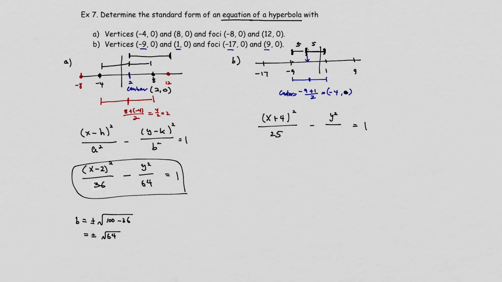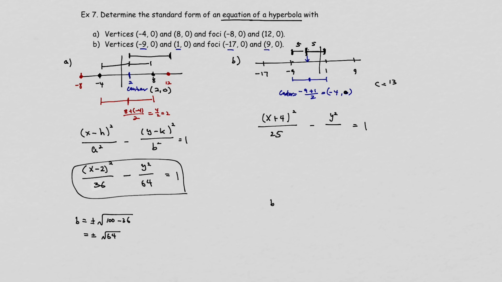And the c is going to be from negative 4 to negative 17 or negative 4 to 9. Your c value is going to be 13. Right? Because you do negative 17 minus negative 4, which is going to be plus 4. So that gives you 13. So we know c is 13, a is 25.